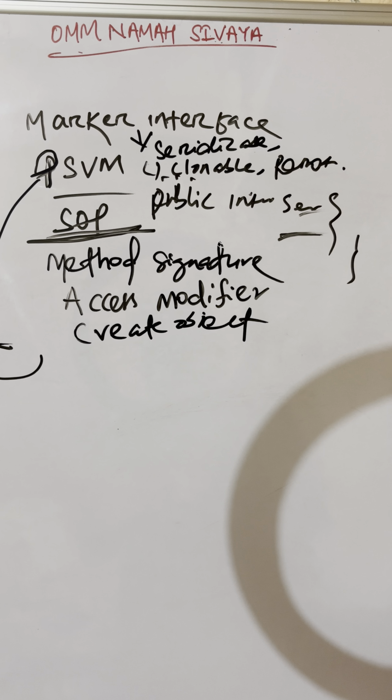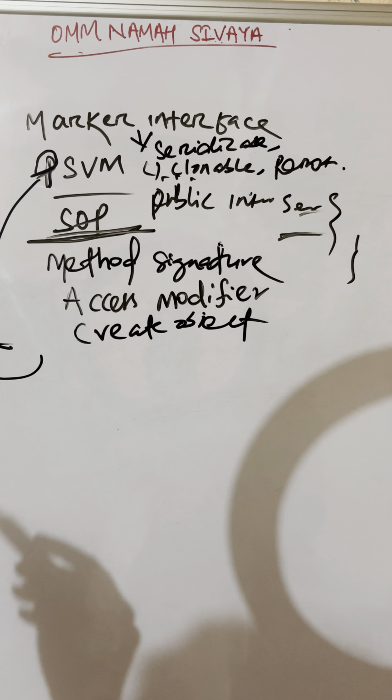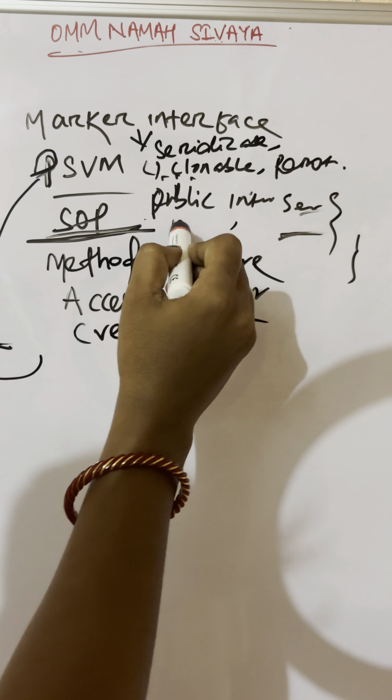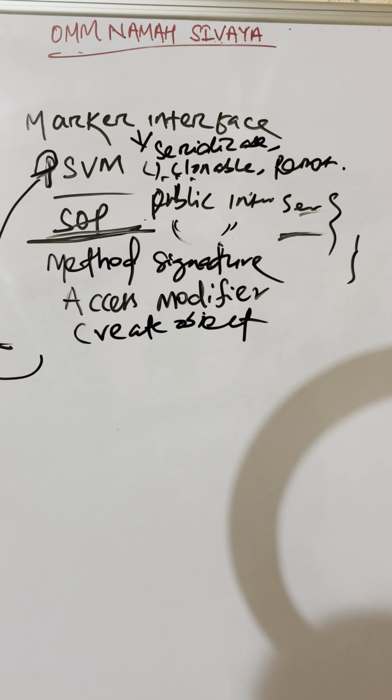Println is a method of the PrintStream class. So it is public static final PrintStream out, and inside the PrintStream class is the declaration of the println method, which has a method signature like this. Out is where that method prints that specific variable result.